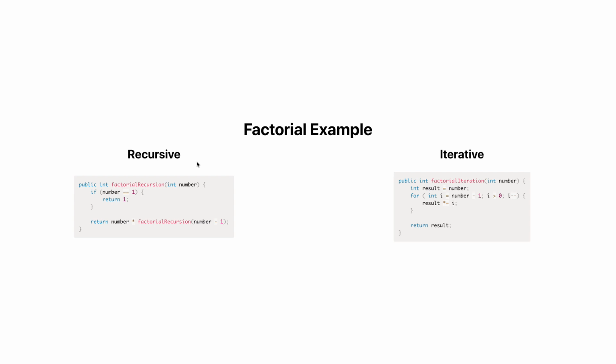You don't have the overhead of adding to the stack and all of that process. So in this case, it might be better to make an iterative function. But in other cases, recursive is going to be a lot more efficient, especially if there are conditions that need to be met that aren't just counting down or counting up.